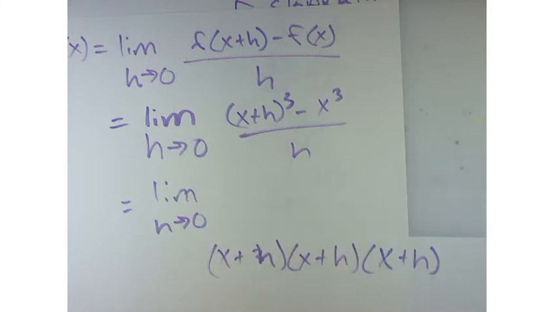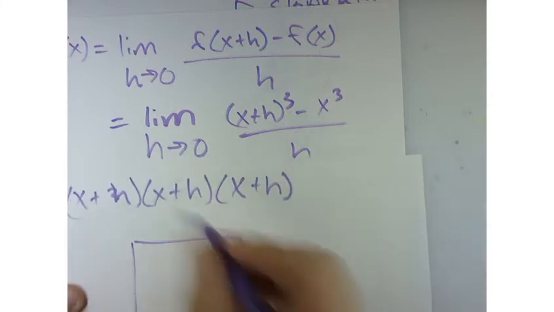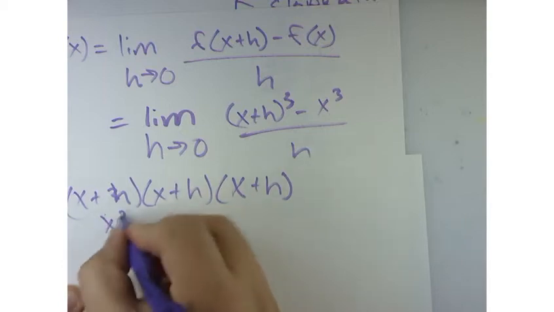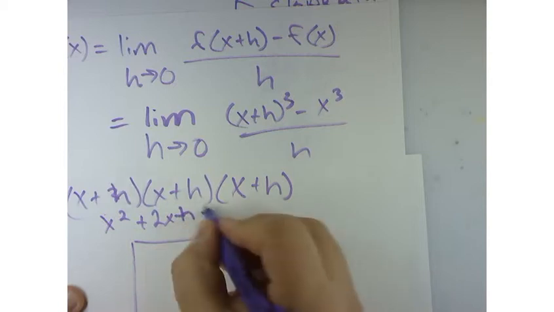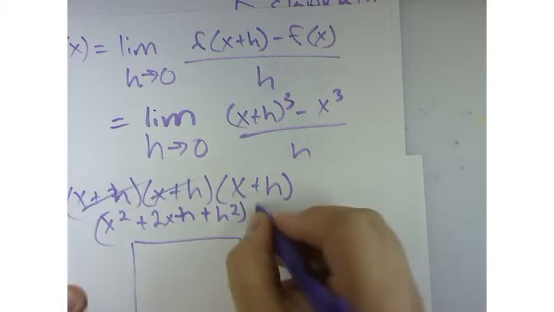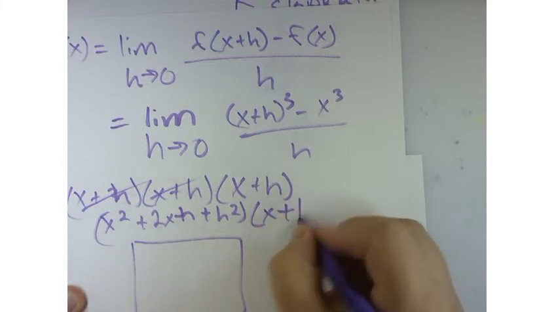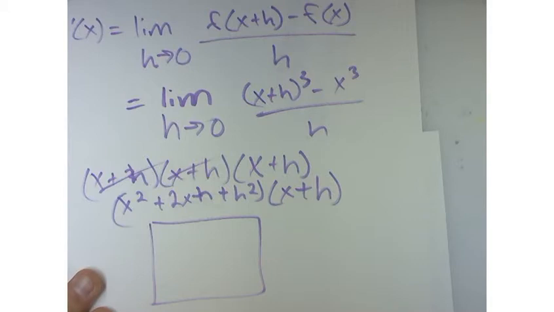So that's a lot of work. Well, let's just do it. I know that this is going to be x squared plus 2xh plus h squared. Right? If I multiply those two, so really what I need to find is x plus h times all this stuff. Does that make sense?